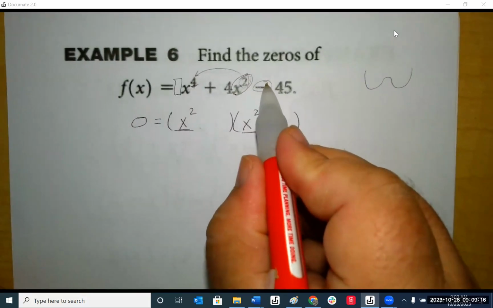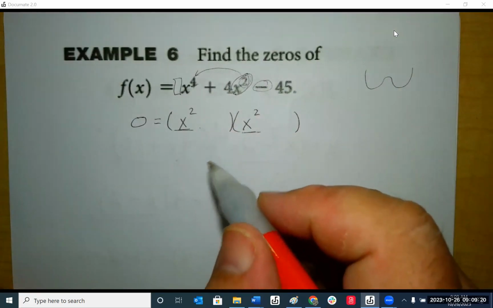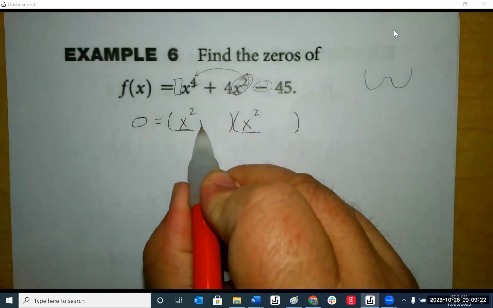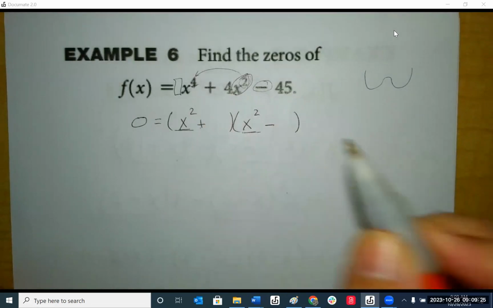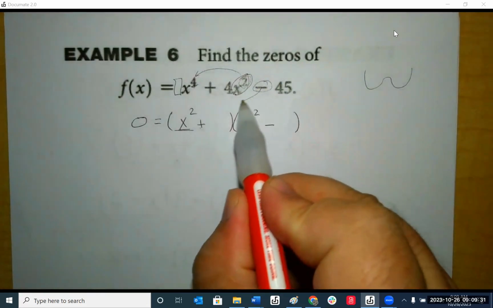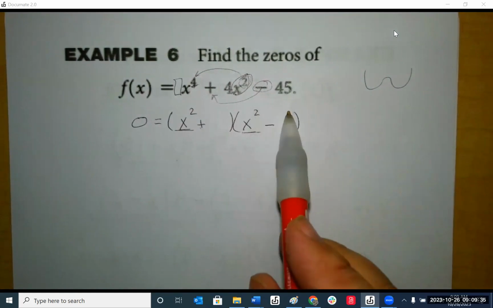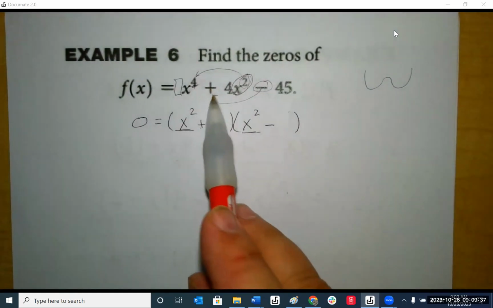The second sign's a minus, which tells us what? One's positive, one's negative. And so which sign does a bigger number get? Once we find the solutions, the bigger number gets a positive sign.